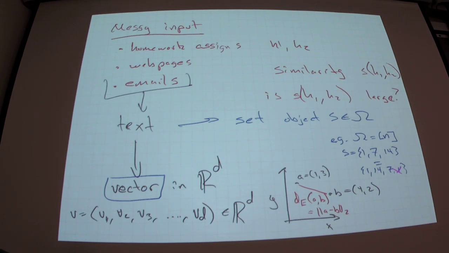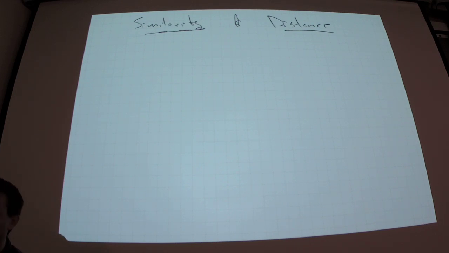Okay, all right. I've mentioned two things now: I mentioned the word similarity and distance.